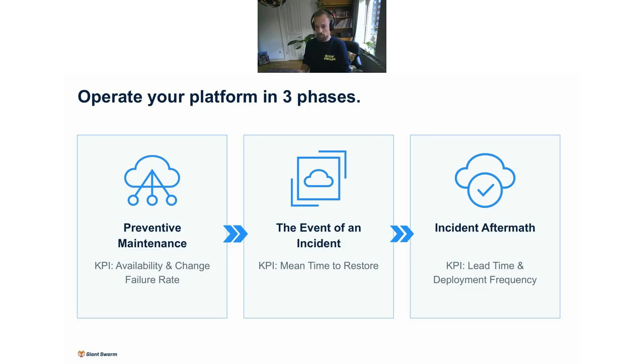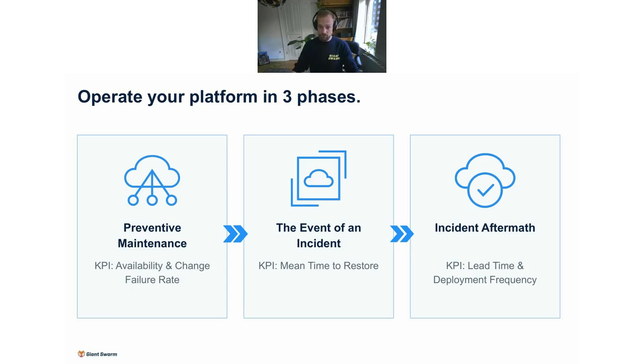A good measurement would be our lead time for changes, so how good are we at identifying lessons learned and then implementing them into our platform. This is one KPI, and obviously deployment frequency. How often do we do this? Because the faster we are and the more often we do it, the more stable our platform is.